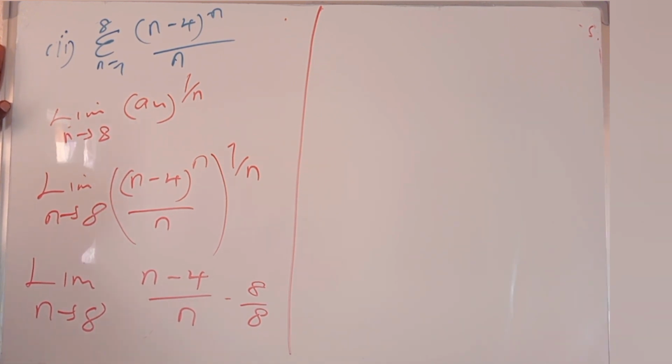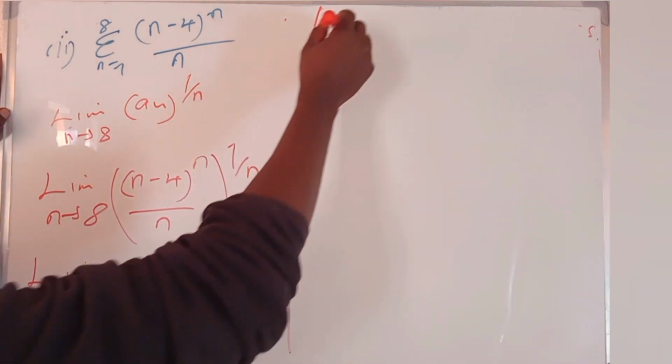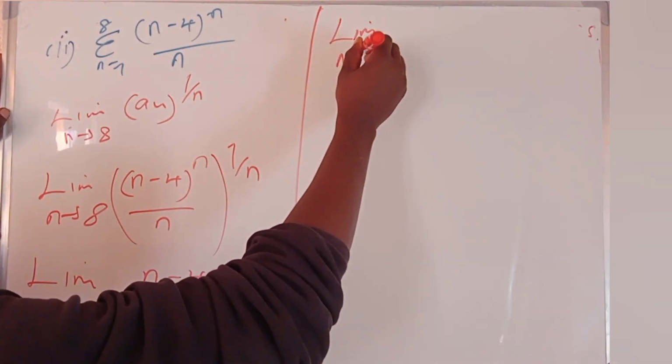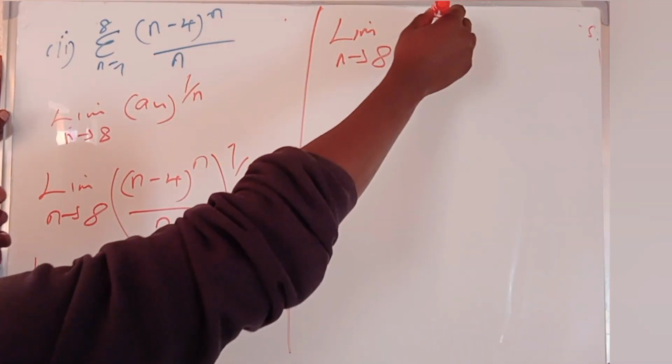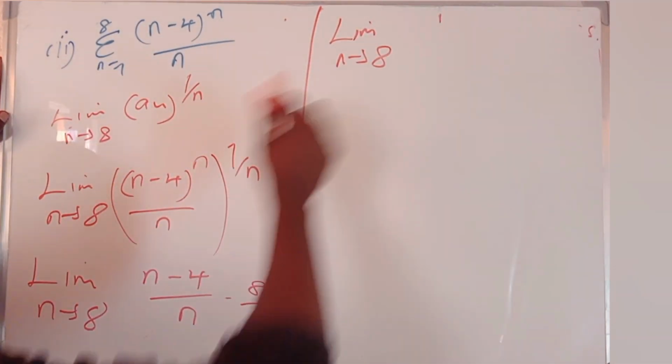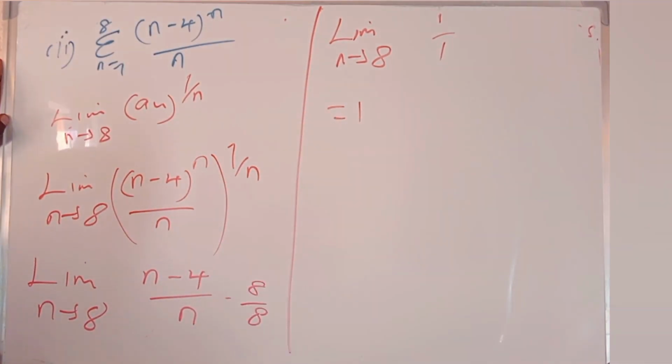You make it determinate by using L'Hospital's rule, which implies that you differentiate the numerator and denominator separately. So the limit as n approaches infinity: the numerator differentiates to 1, the denominator to 1, so automatically your limit is equal to 1.